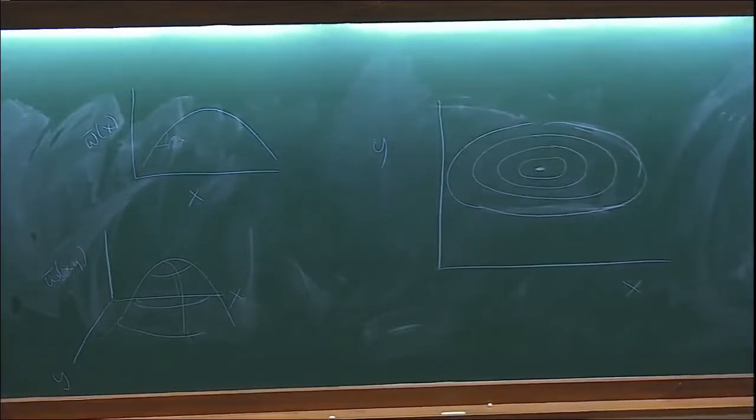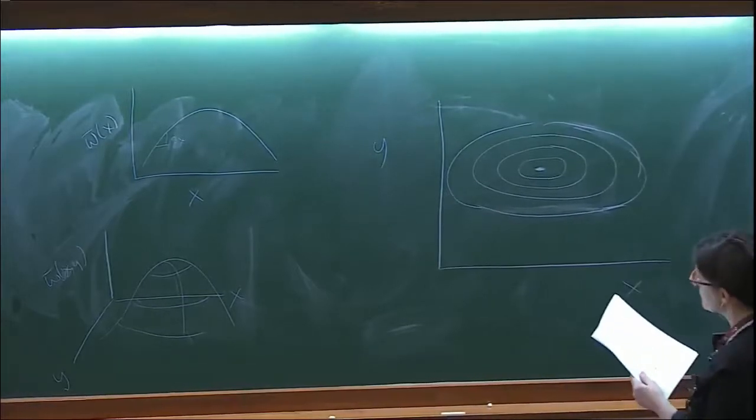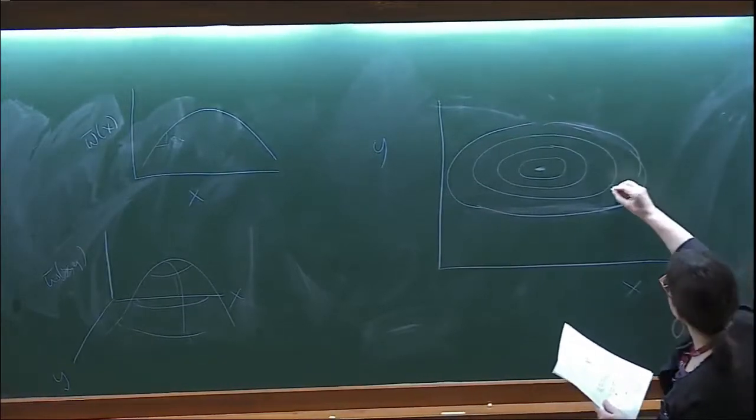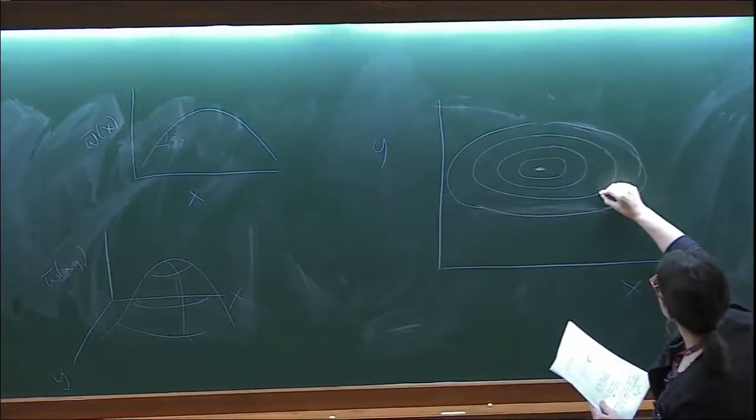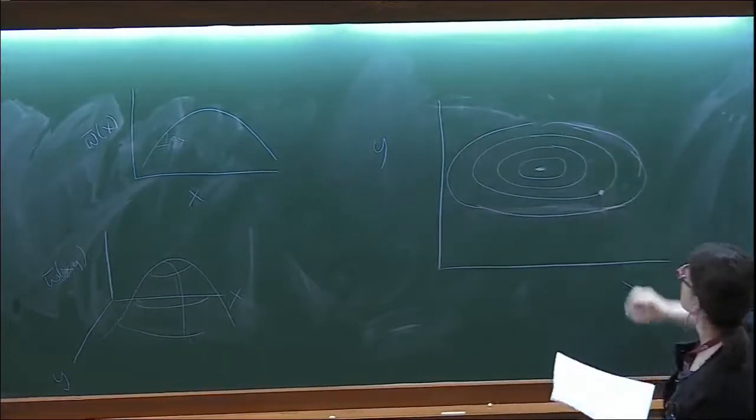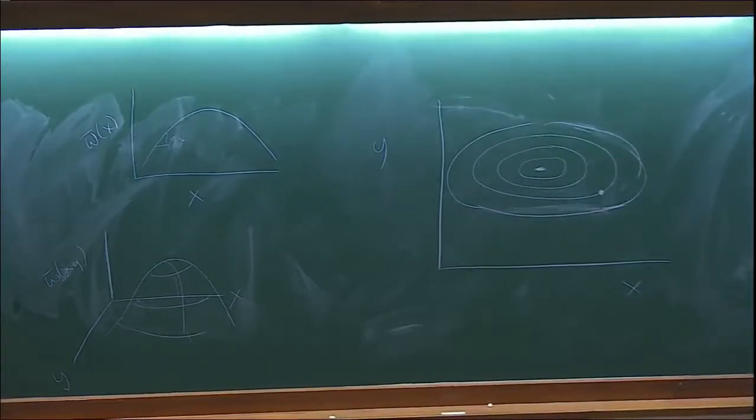So if we are somewhere on this surface, and we ask ourselves, all else being equal, how will natural selection change the trait, which is made up of both x and y?